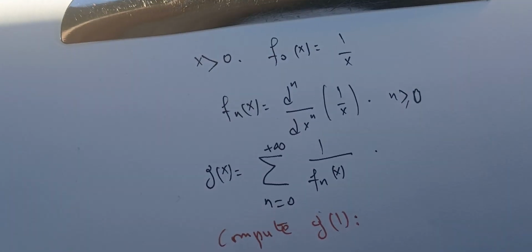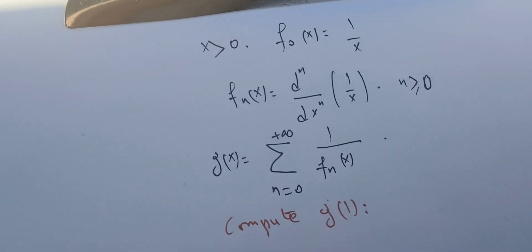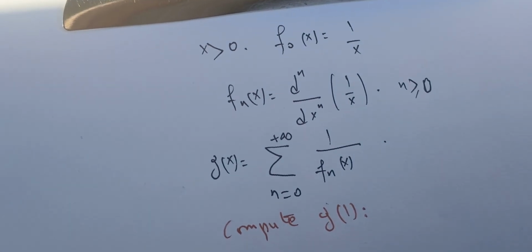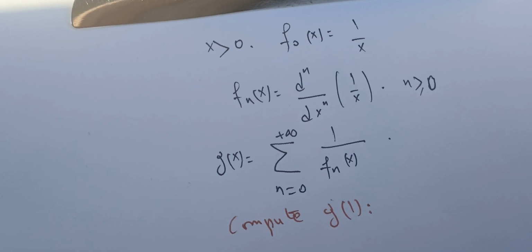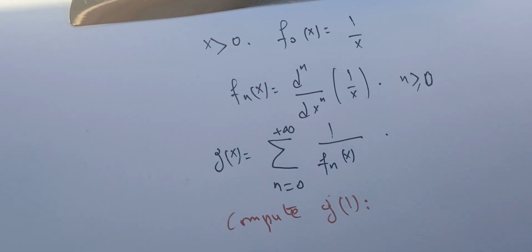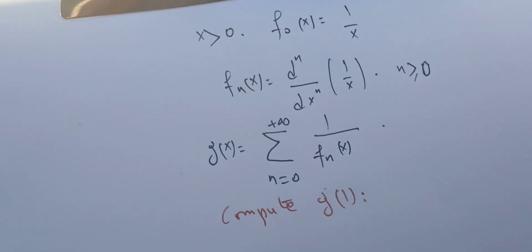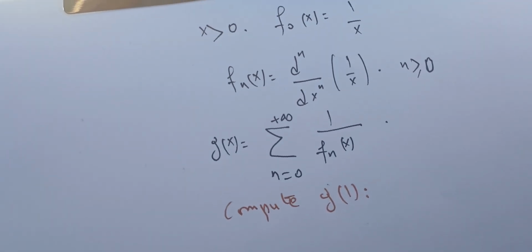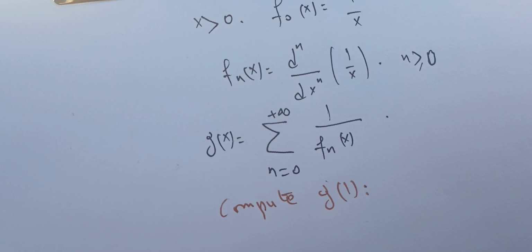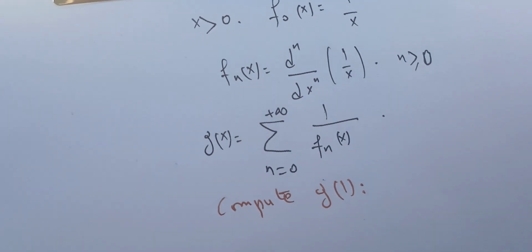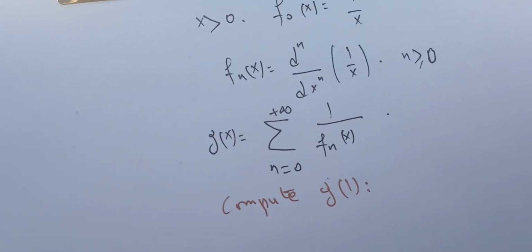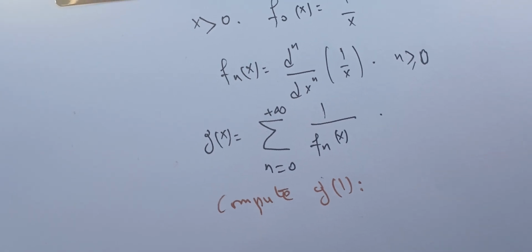So here we are given that x is positive and f0 of x is 1 over x. Okay, we can define fn of x as the nth derivative of 1 over x. And we define a series by g of x is the sum from 0 to infinity of 1 over fn of x.